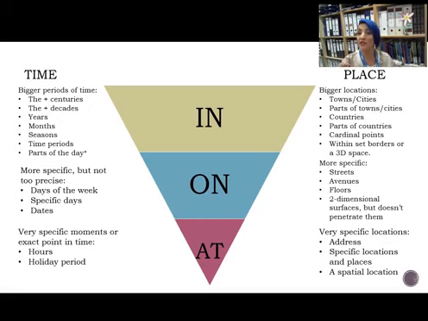When you talk about specific days, like for example, your birthday, my birthday is on the 9th of June, or all the family meets on Christmas Day. On Christmas Day, it's the 25th December. I mean, that's it, right?